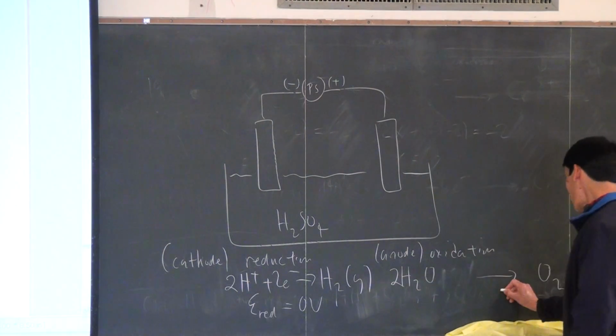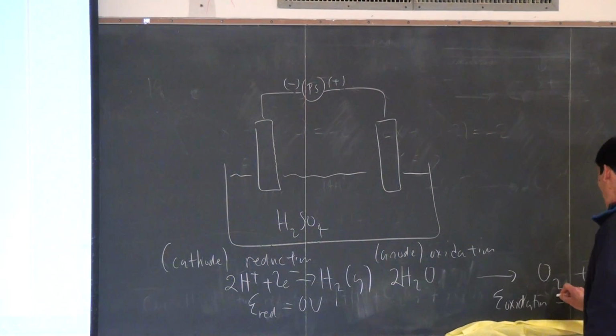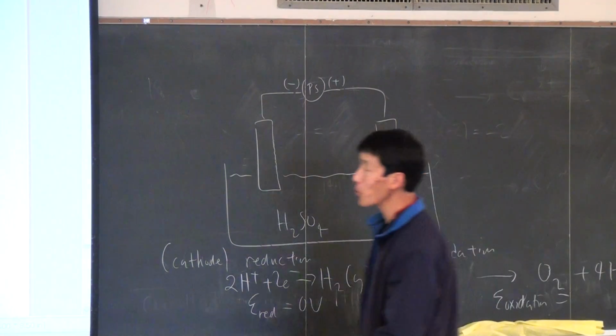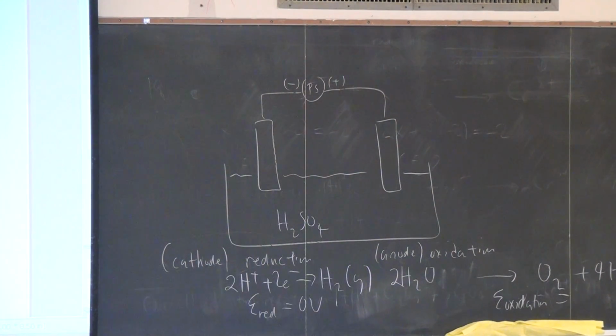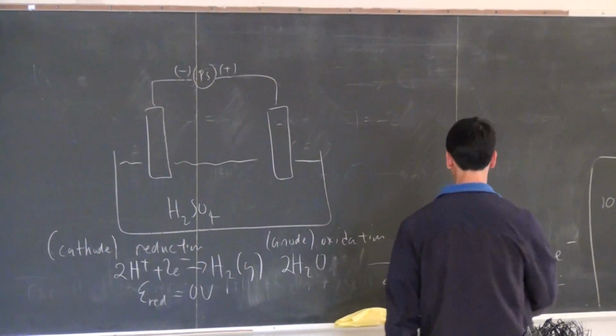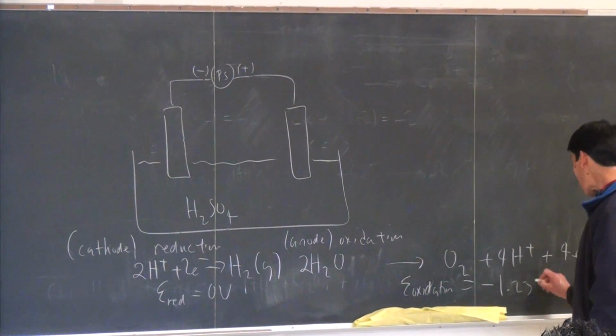For the oxidation, okay, so let's see, for the reduction it was plus 1.23 volts, but for the oxidation it's going to be minus 1.23 volts.